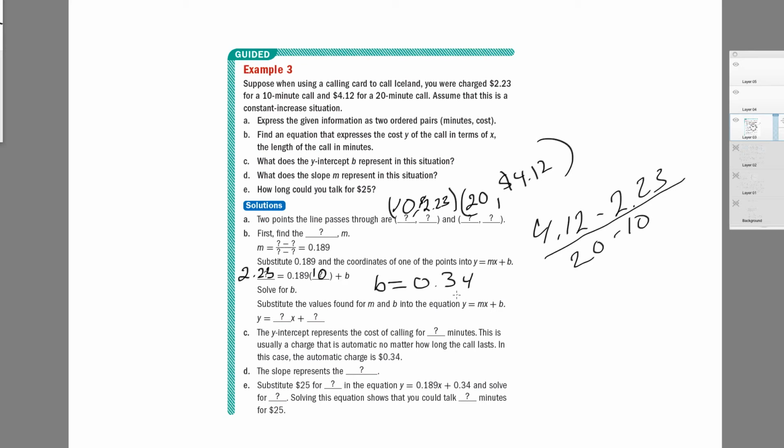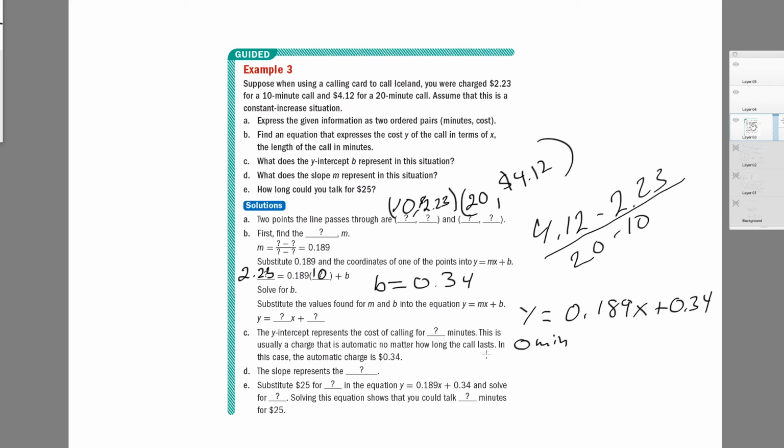And we substitute those values back into it, and we've got our equation where y equals 0.189 times x plus 0.34. The y-intercept represents the cost of calling for how many minutes? Y-intercept is where x is 0, so it would be for 0 minutes, right?